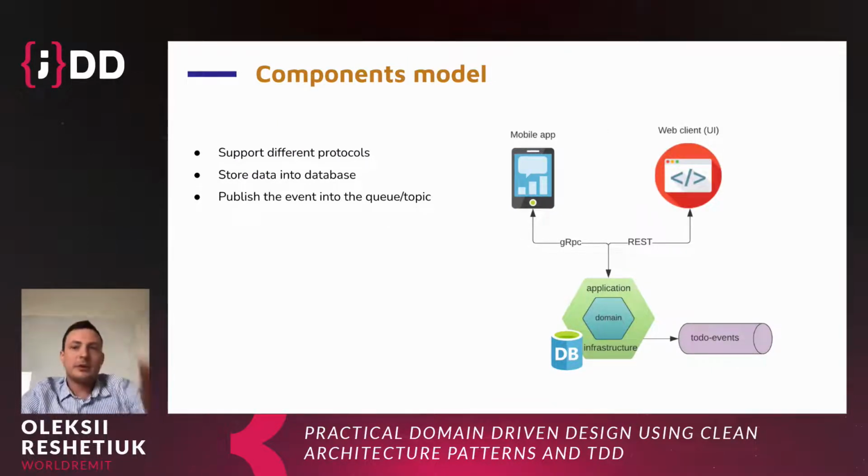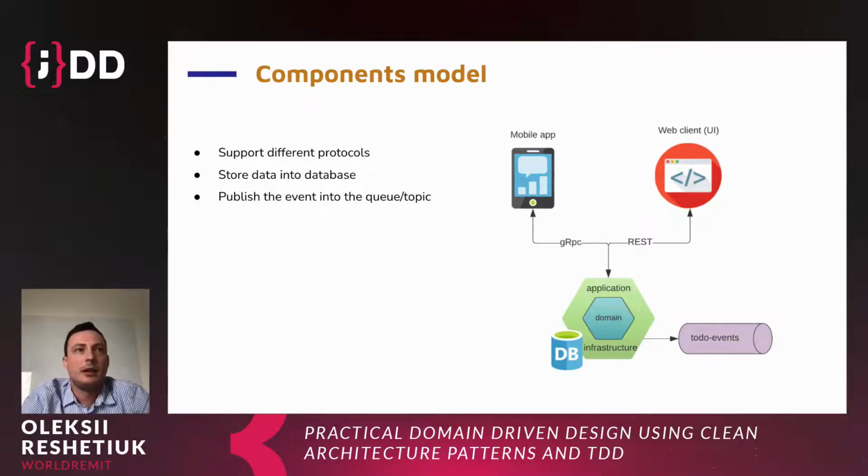All right, so let's assume we gathered all information about use cases, and now we need to define our component model. The decision was made that our application will work with two clients supporting different protocols. The mobile client will work on gRPC, because our mobile developers admit only gRPC at this moment.